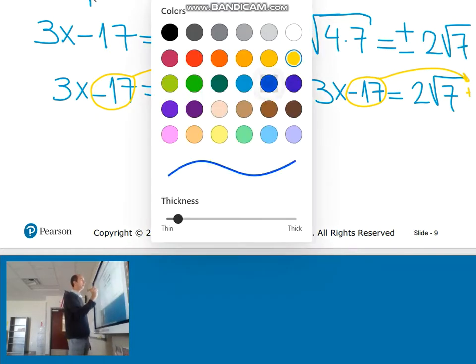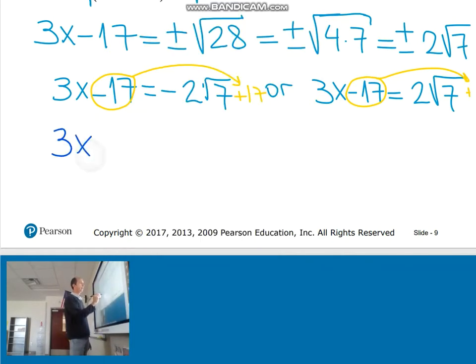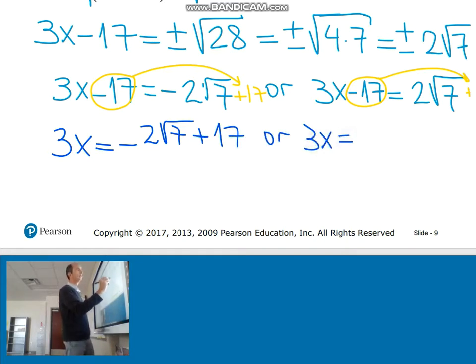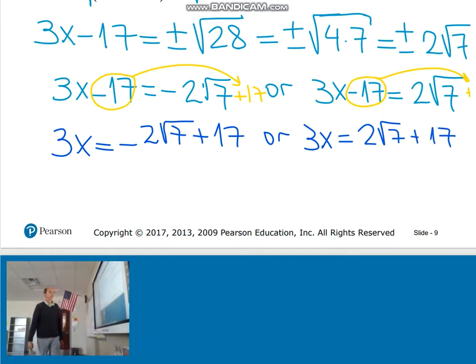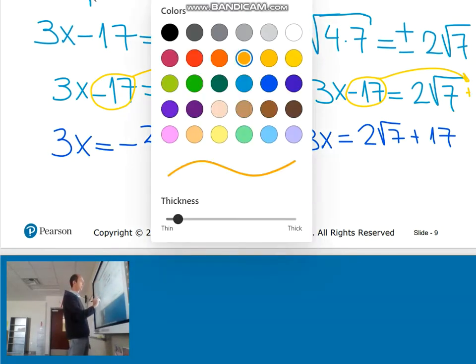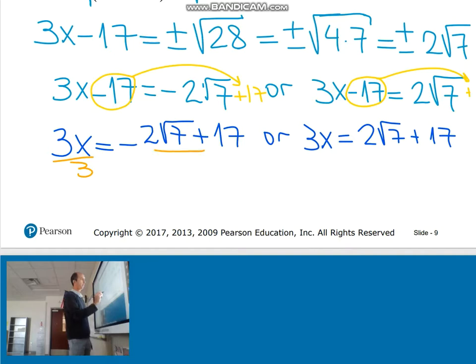And now we have 3x equals negative 2 square root of 7 plus 17, or 3x equals 2 square root of 7 plus 17. Divide both sides here by 3. Each one we're going to divide by 3.